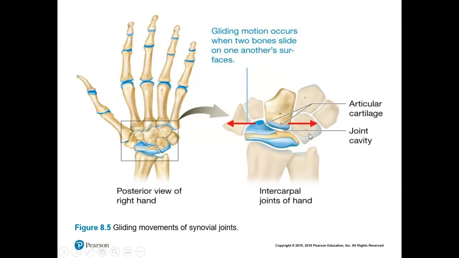This particular one is called the intercarpal joint, and that is the same thing that occurs all over the bones of the wrist right here. They basically glide along each other to achieve the complex movement of the wrist. So again, a gliding joint.